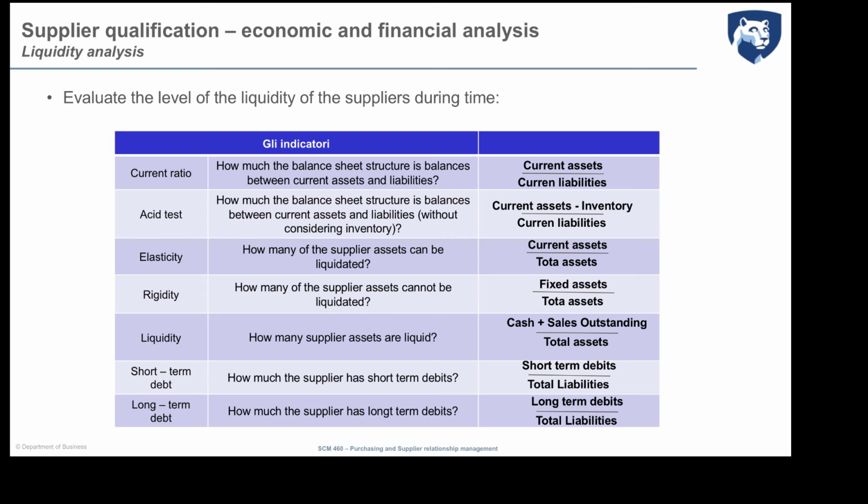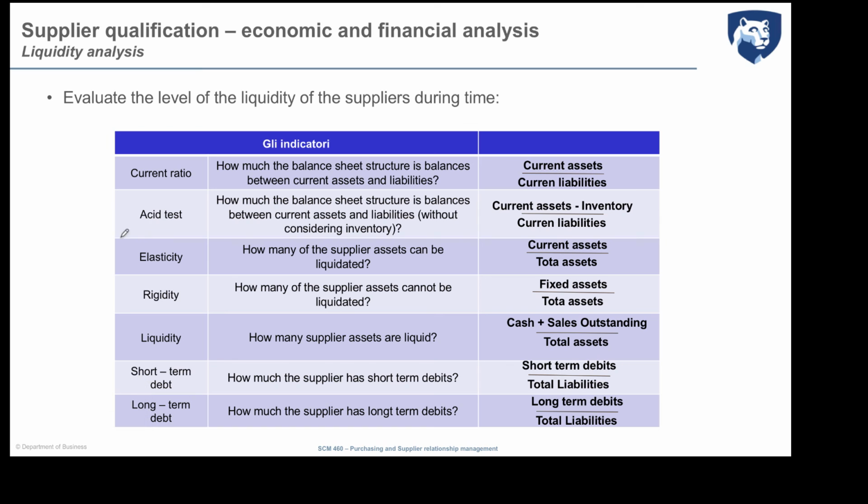Okay, so can be transformed in cash in the short term. So this means that if this value is higher than 1, it means that, of course, the supplier is able to cover current liabilities. So whenever some stakeholder claims a right on the supplier, it is able to cover this right with current assets.